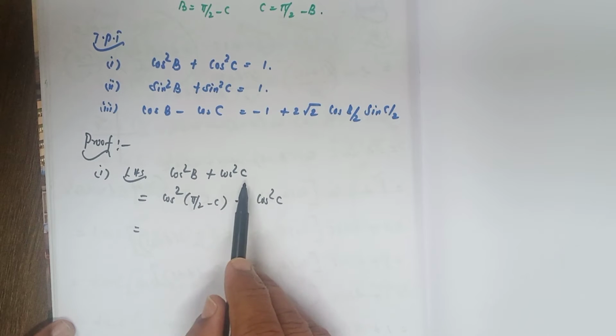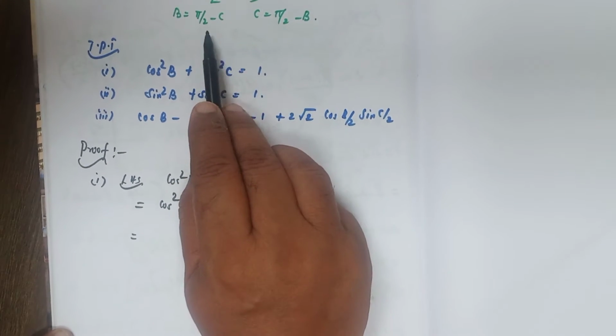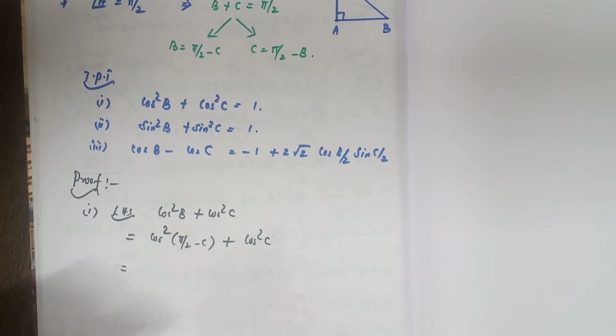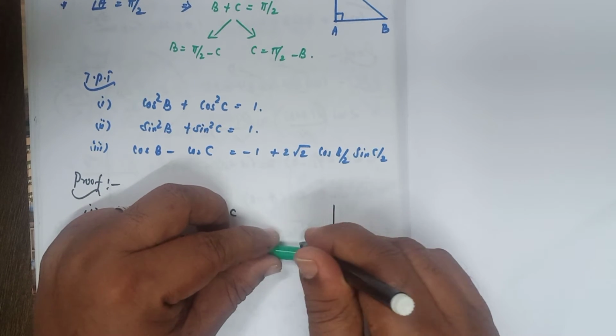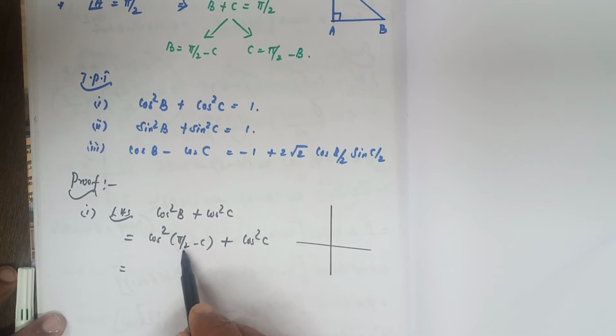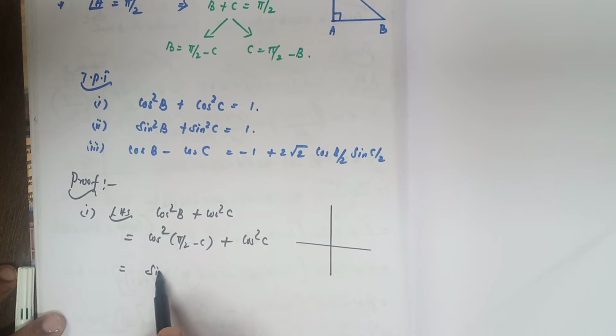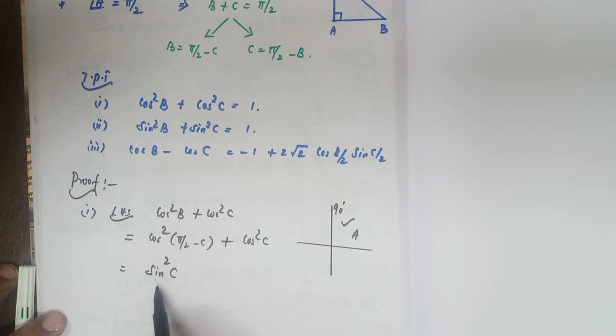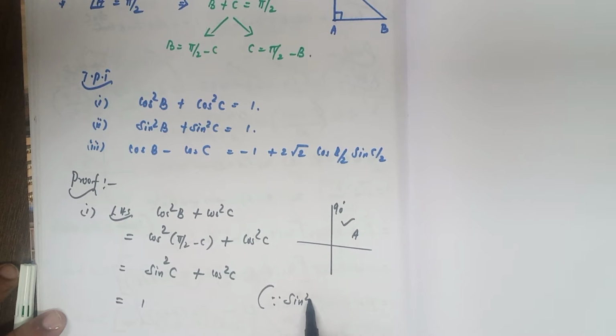For 90 minus C, cos becomes sin angle C, write the square as it is. 90 minus C lies in the first quadrant, everything is positive, therefore it is also positive, plus cos squared C. We know that sin squared C plus cos squared C is equal to 1, since sin squared theta plus cos squared theta is equal to 1.